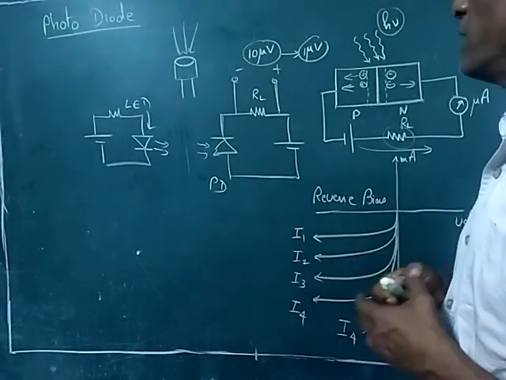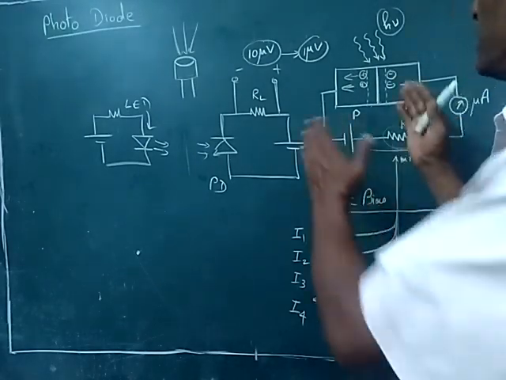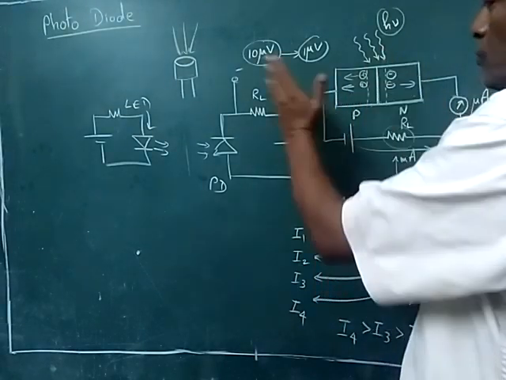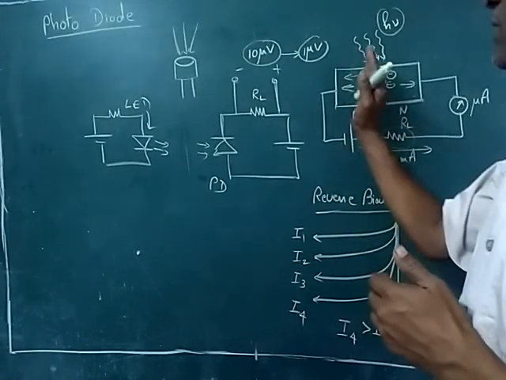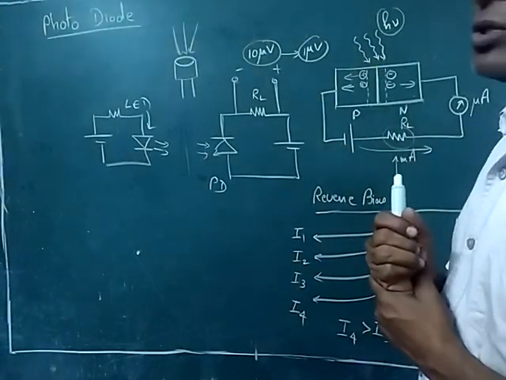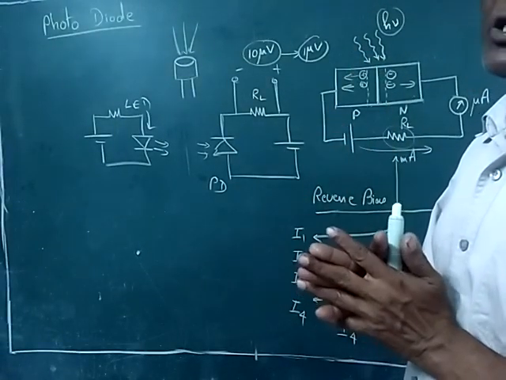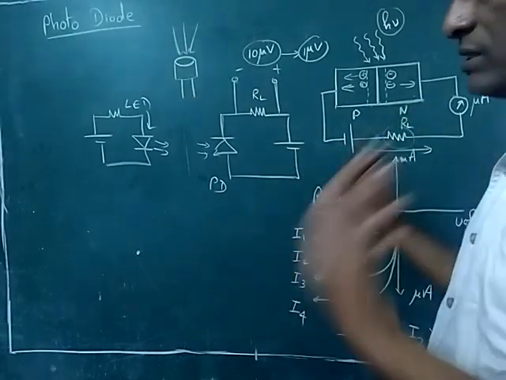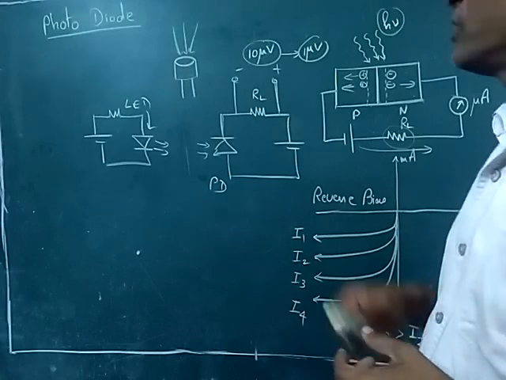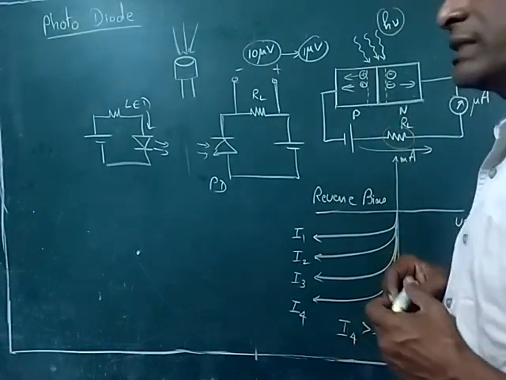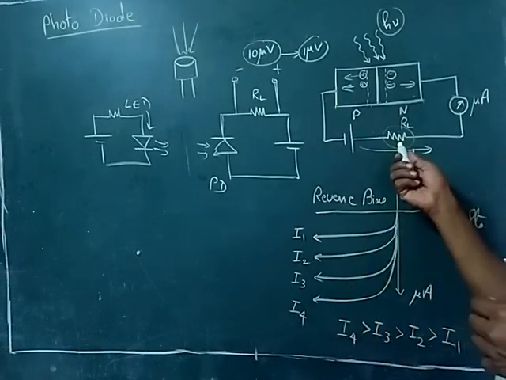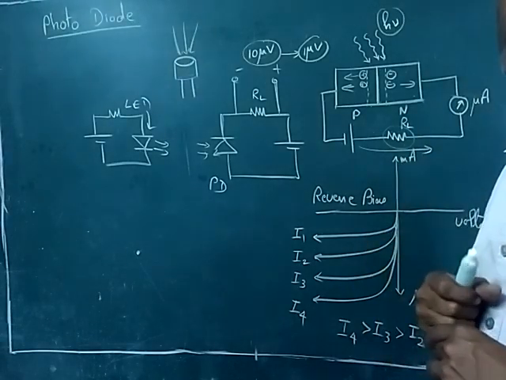Because of that, initially the electrons move towards this side and the holes move in this direction. Afterwards, the electrons and holes try to recombine. Because of that, reverse bias current flows into the circuit. If you attach a load, you can sense that current.